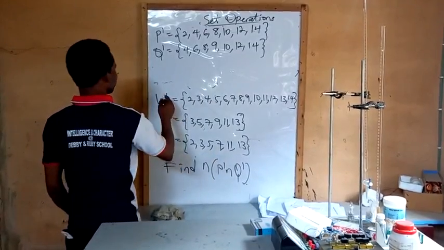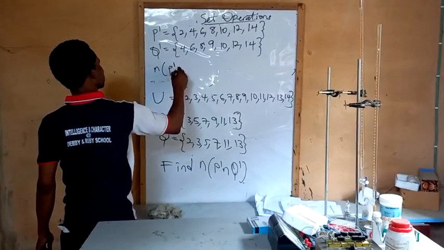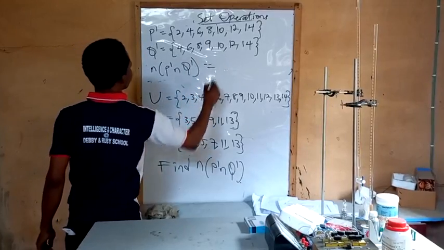Now, they say you should find the number of P prime intersection Q prime. It can be easy like that.